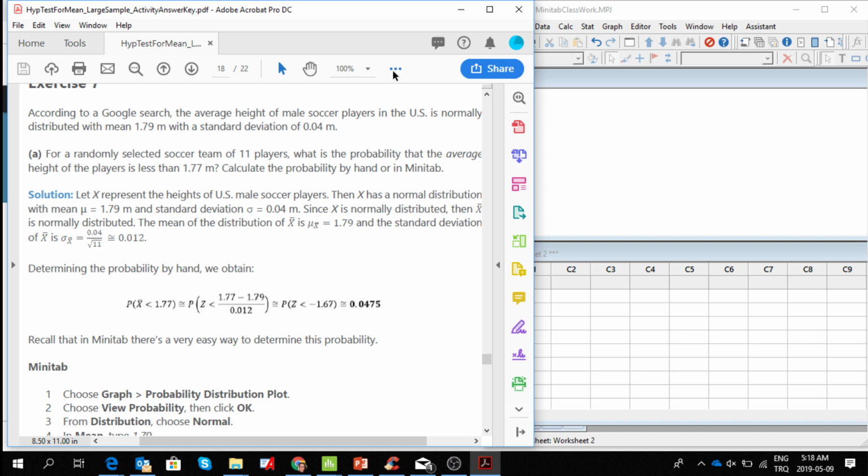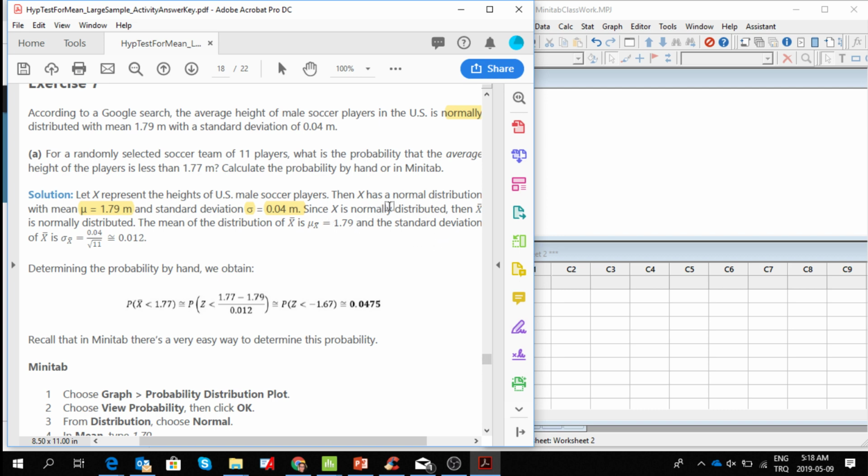Okay, mean is this and standard deviation is this. And we know that it's normally distributed. It's given in the question.